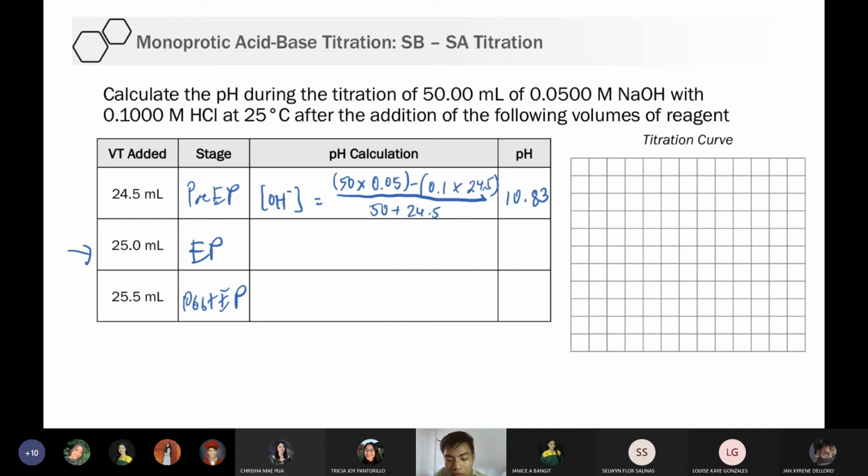At equivalence point, what is the pH? Ito, hindi kayo pwede magkamali. 7 yan. At 25 degrees Celsius. Because remember, H plus is equal to the square root of KW. So, saan to equal? 1 times 10 raised to negative 7.